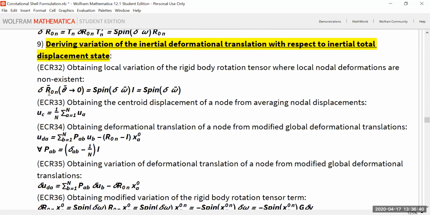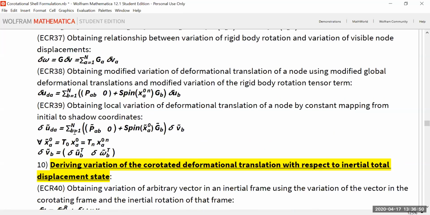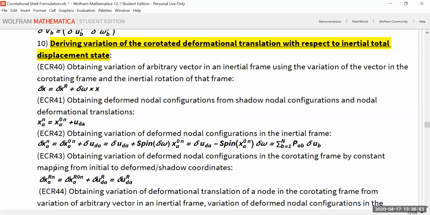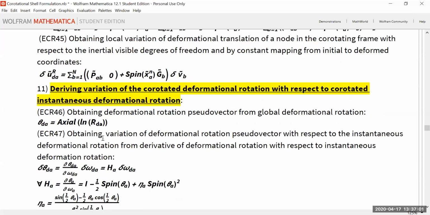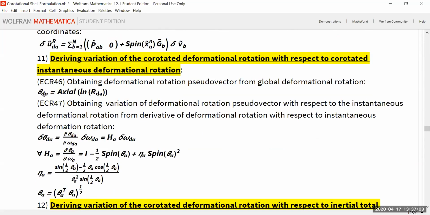And then this is with respect to your inertial total displacement. So this is just getting the rotation tensor to the local. So now with that, we also vary the corotational deformation translation here, and then the rotation as well.